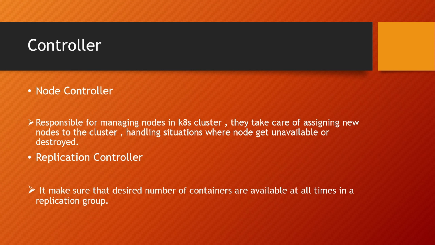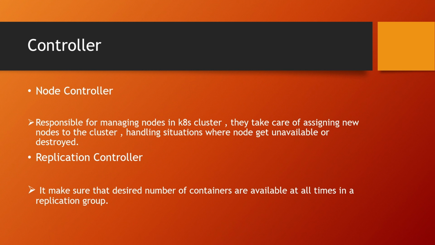Now let's talk about the next component, that is the node controller and replication controller. Based on your Kubernetes cluster, there are multiple types of controllers available, right? Let's talk about the node controller. Node controller is responsible mostly for managing the state of the nodes deployed in the Kubernetes cluster.